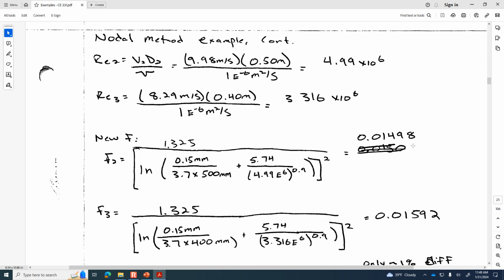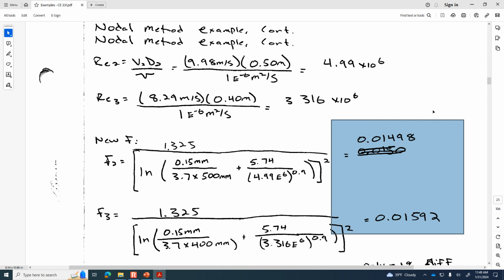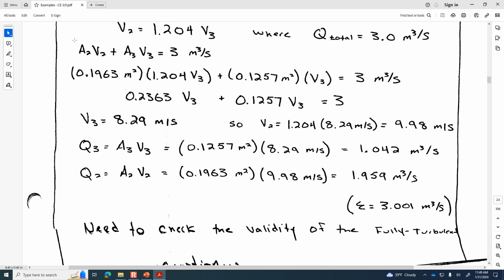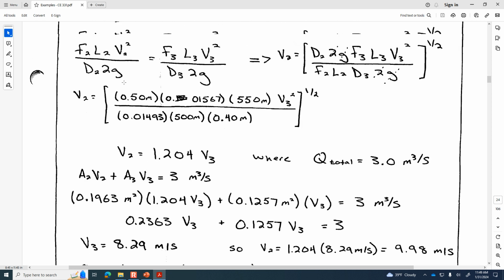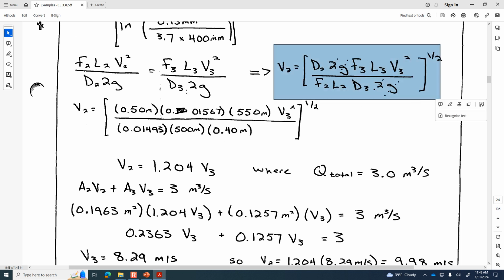If the values were different, what I'd do is substitute the new F values back up into the earlier step.